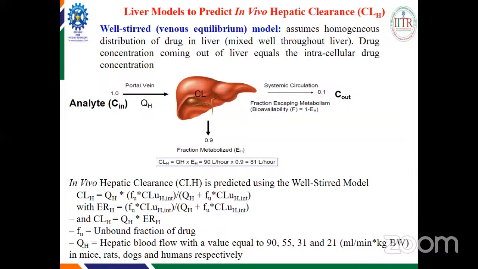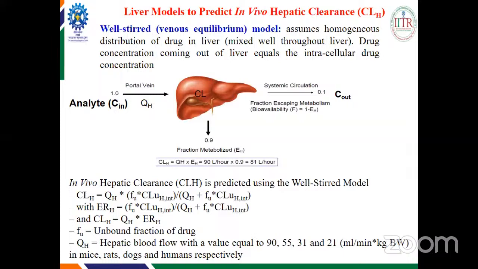It means that whatever compound comes in, when it comes out of the liver I will not see any compound, because it will get completely metabolized. So the maximum capacity depends on the hepatic blood flow.